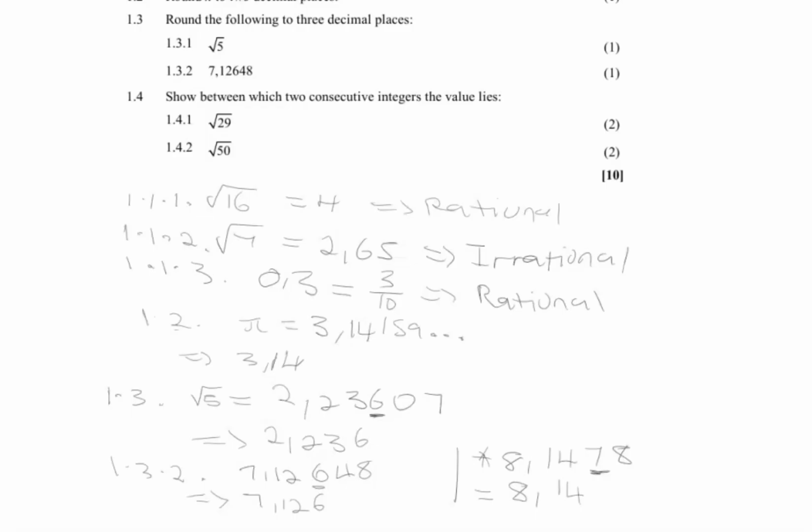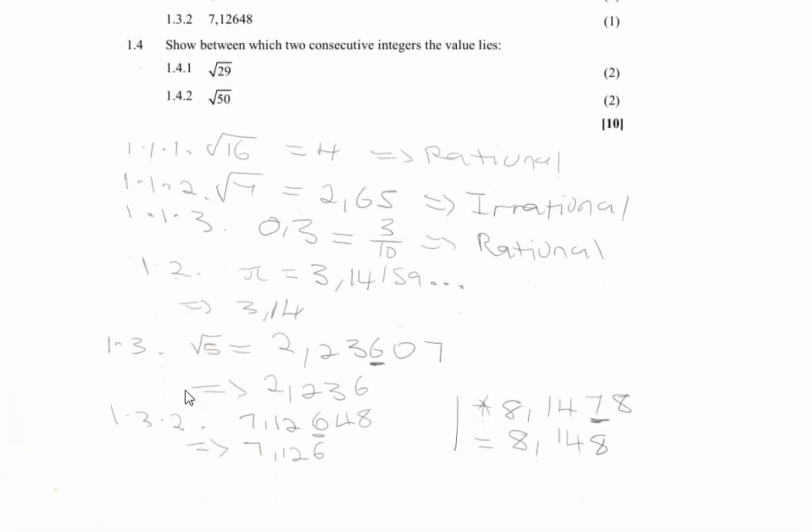In this case, the number is greater than 5, 8 is greater than 5, so what we have to do is add 1 to 7, which means we are no longer going to have 8,147. The number will now be 8,148, rounded off close to 3 decimal places.